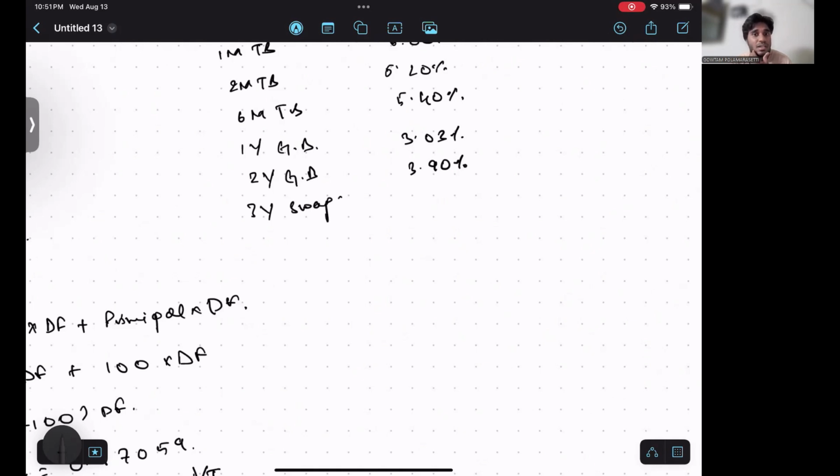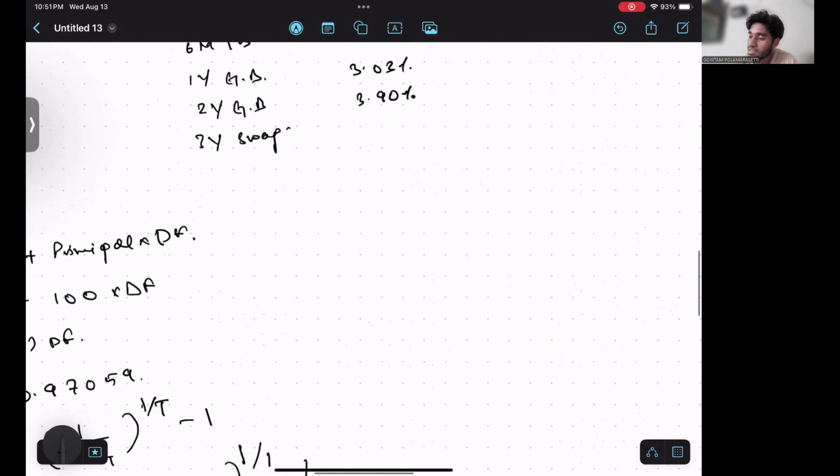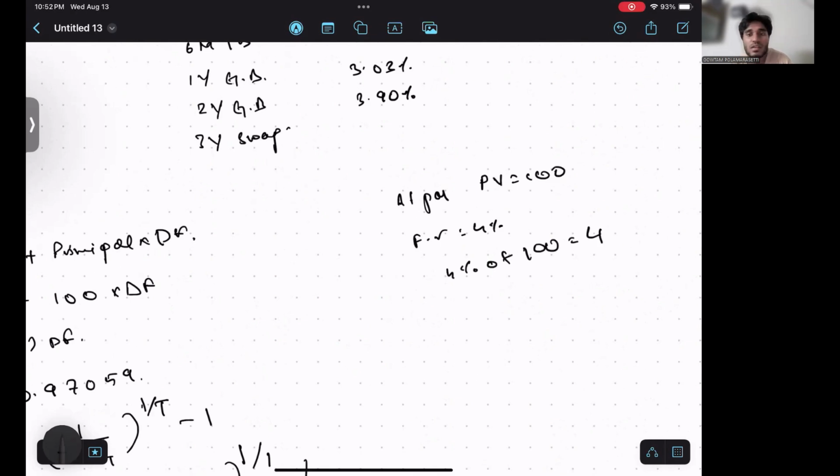So at par, the present value of the fixed leg should be equal to 100. And if the fixed payment for each year is 4%, then the coupons which we get for each year will be 4% of 100, which will be equal to 4.